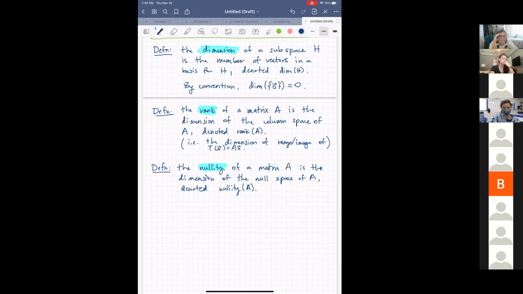Because I feel like you can have situations where your matrix A only has 2 pivot columns, but then the image of T of X might not be in R2. It might not be in R2, but it will lie inside a subspace of dimension 2. Oh, okay. Sorry, my bad. Thank you. Yeah, no problem.